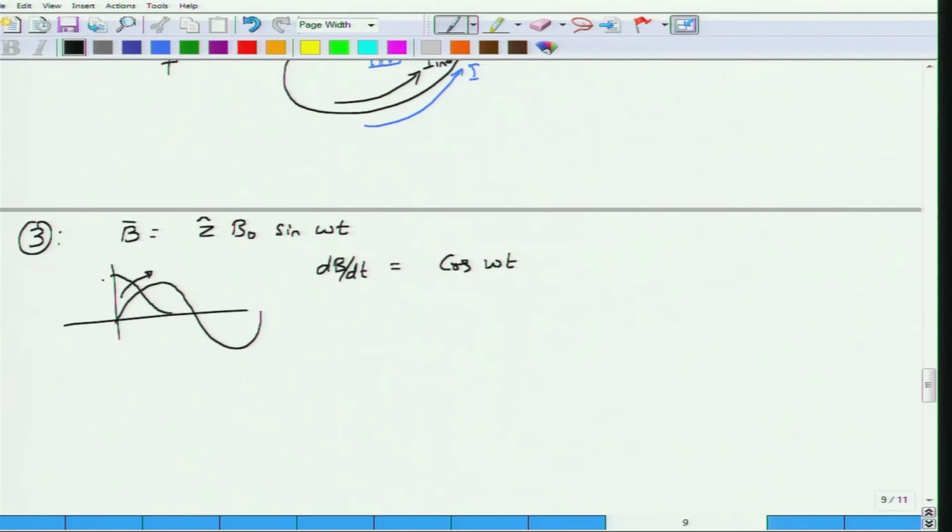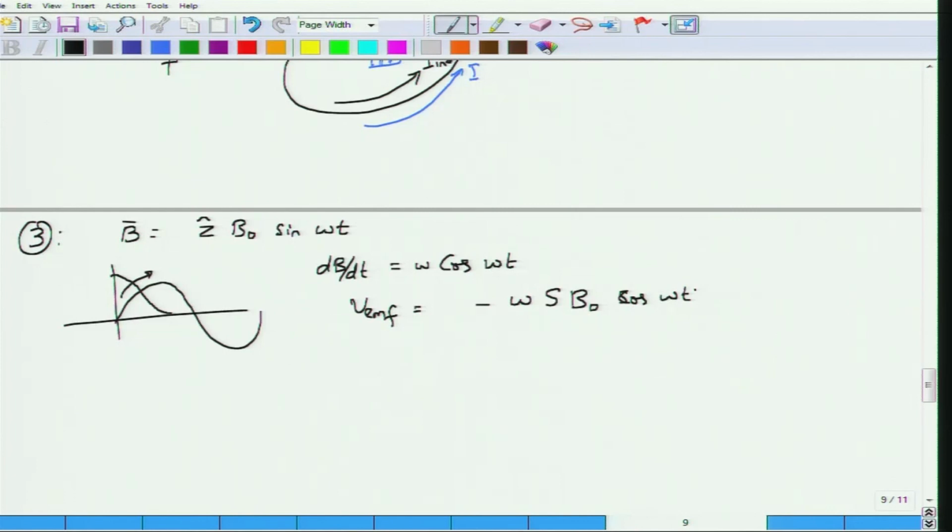So, during this half cos omega t is decreasing but this is actually positive, and what would be the EMF induced? EMF induced will be minus omega. So, dB by dt is actually omega cos omega t. So, it would be minus omega cross sectional area S B0 cos omega t.